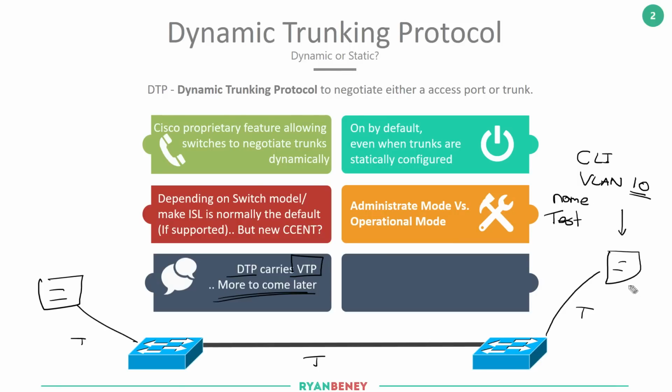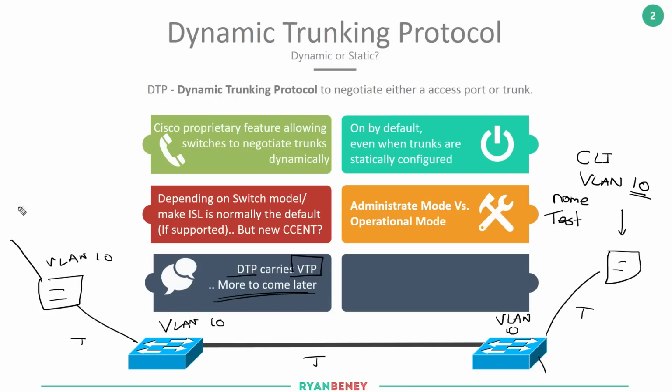I said you need to go onto each switch and also configure that VLAN to exist, because we want that VLAN to extend across multiple switches, as we want to create a broadcast domain across all of these switches.